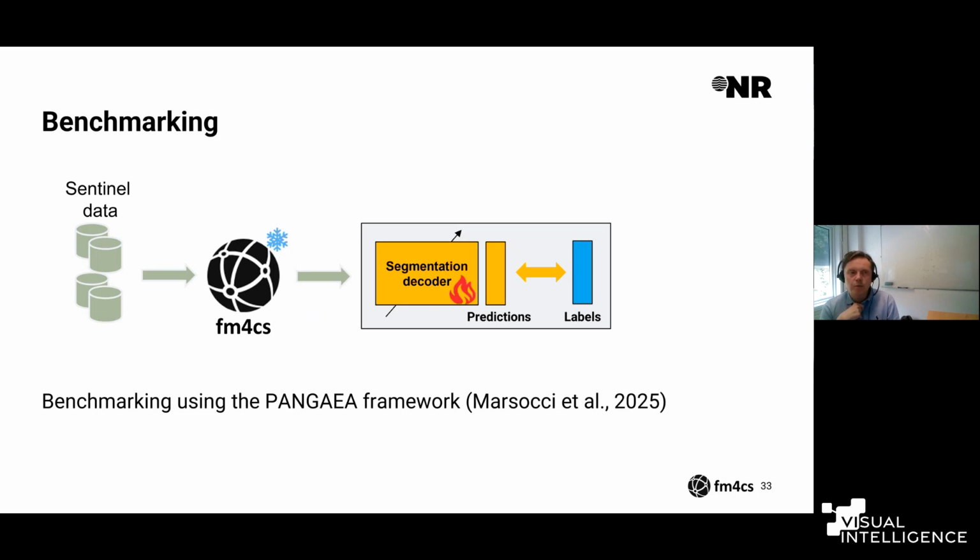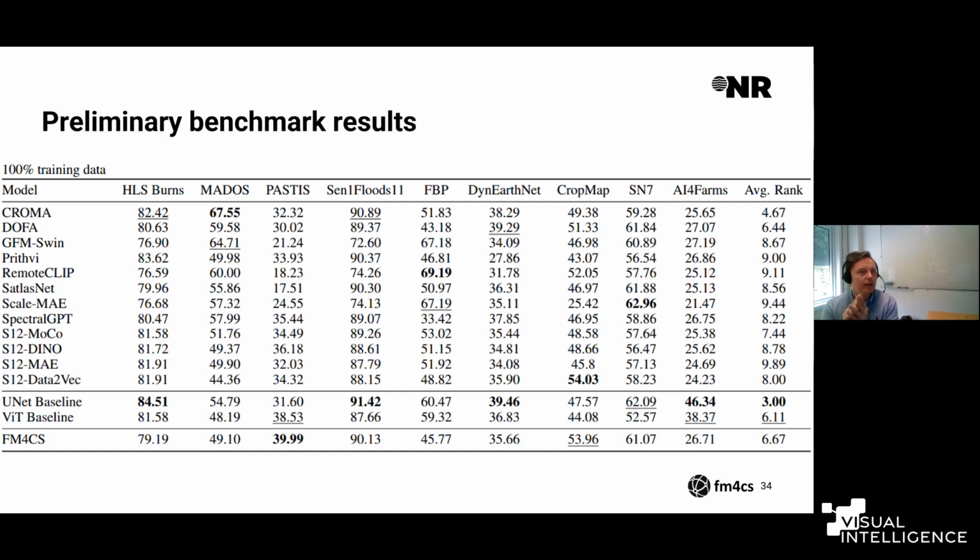And by doing that, first you can also select how much training data you want to use. And when we did that on this 100% training data, we did okay. It's not the best one, and here you can see that the UNet is actually doing good on these benchmarks. It's really hard to beat the UNet, and that is the real benchmark.